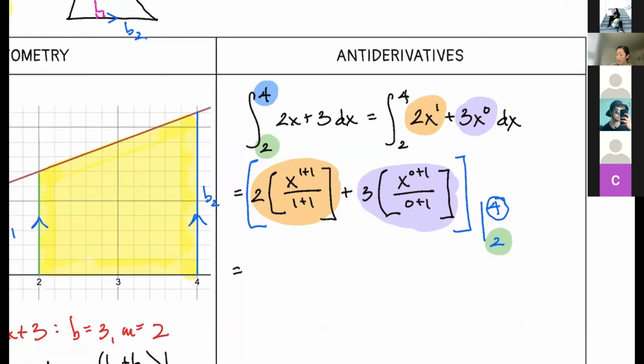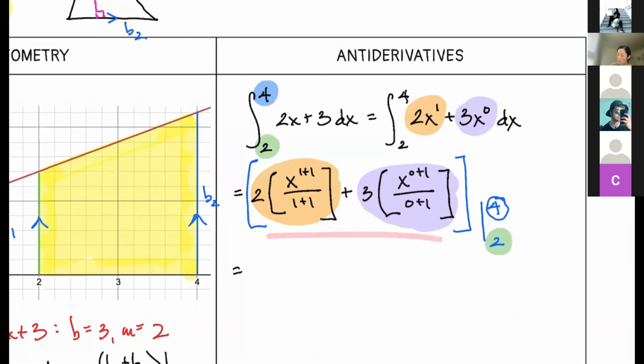But the only new layer we've added is, instead of a plus c, we sort of have these two numbers hanging out, okay? And so what we're going to do now is we're going to take the top number, 4, and we're going to plug it in to here. And then we're going to take the bottom number 2 and plug it into here.